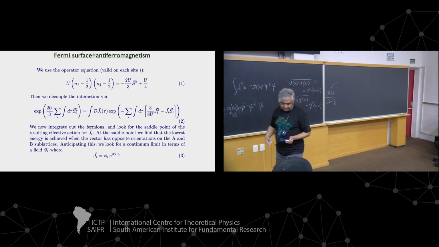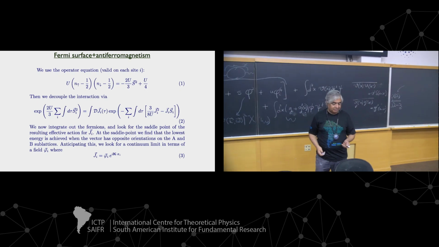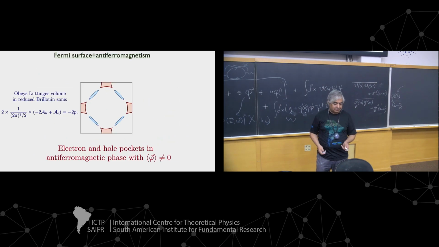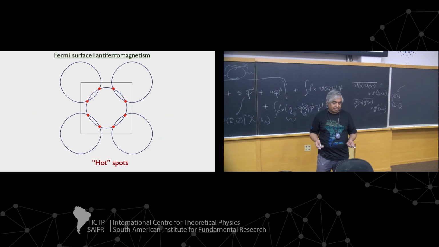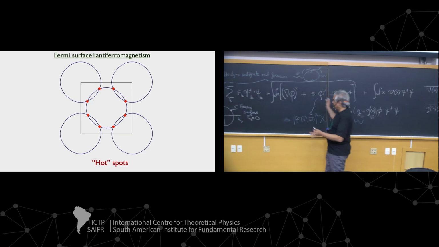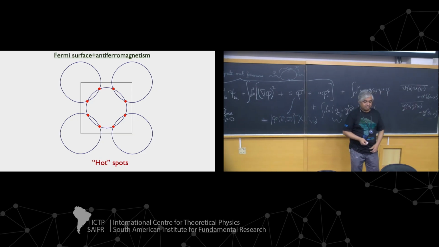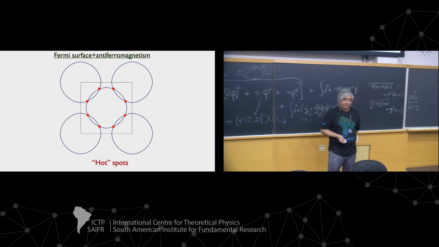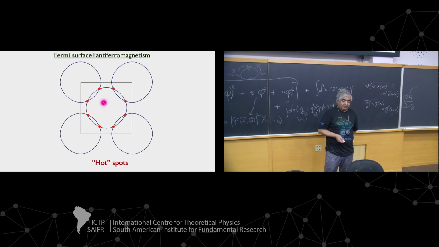So what we're doing here in terms of this picture, we are near the critical point. Symmetry has not yet broken. We're just thinking about phi, it's about to break. And what we are computing is the susceptibility, the polarizability of the fermions going from one Fermi surface to the other Fermi surface.